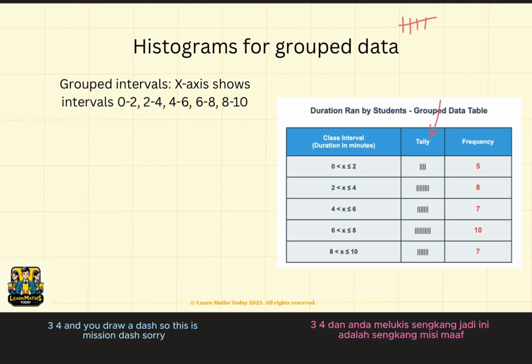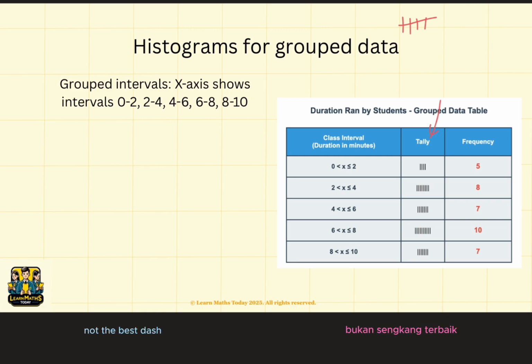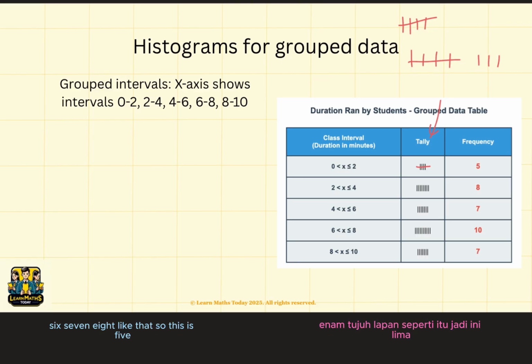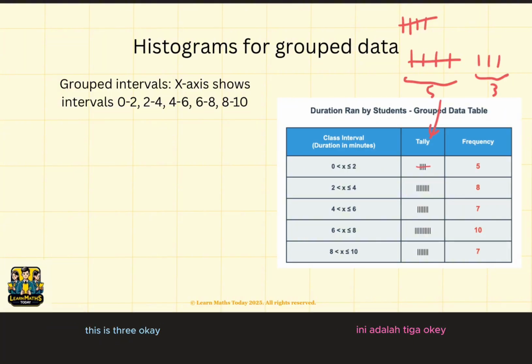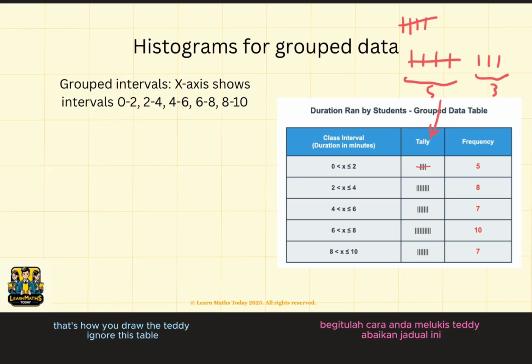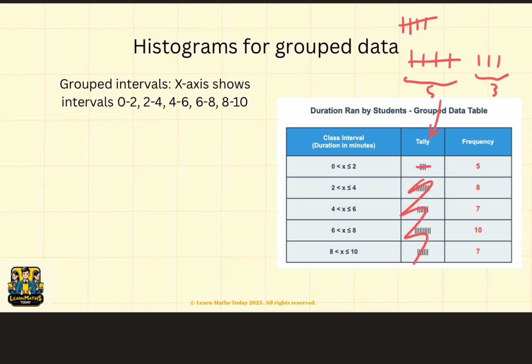So 8 lines would be 1, 2, 3, 4 with a line across, then 5, 6, 7, 8. So this is 5, this is 3. This is how you draw the tally. Ignore this table, this table is wrong.